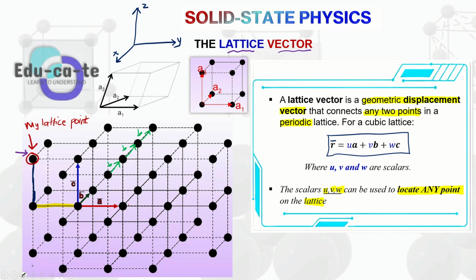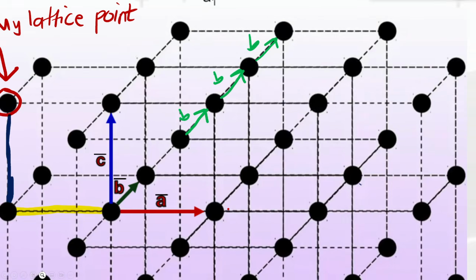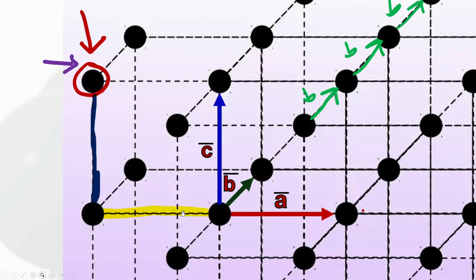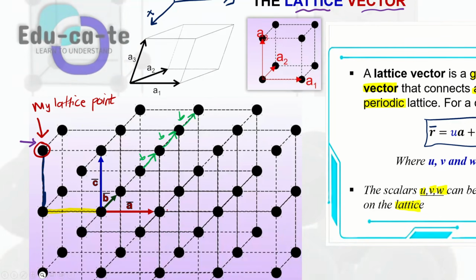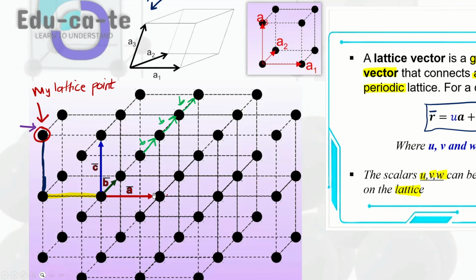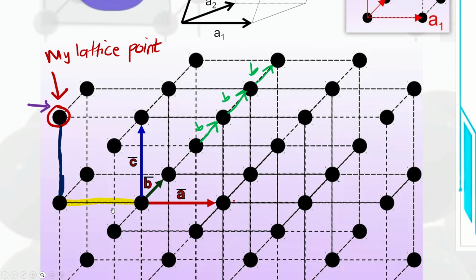In this particular case, you can see that this is moving along the x-axis. Let's look at our convention: for my convention here, this is my y-axis. So moving along this yellow line from this lattice point to this lattice point is going to be equal to my vector A, but in the opposite direction.